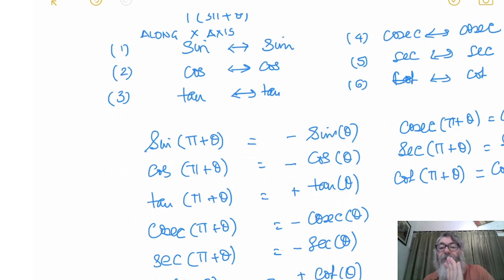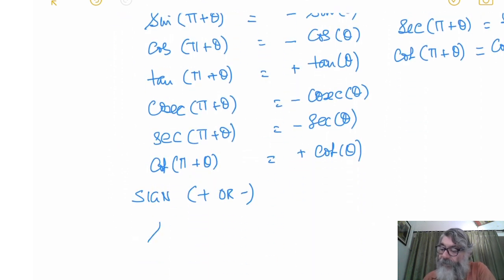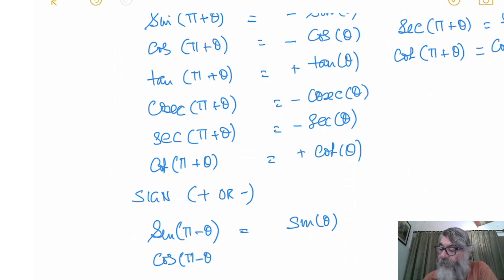Sine pi plus theta or sine pi minus theta. Let's take sine pi minus theta also. Sine pi minus theta will come into the second quadrant. Sine pi minus theta will remain sine theta. Cos pi minus theta will remain cos theta. Tan pi minus theta will remain tan theta.